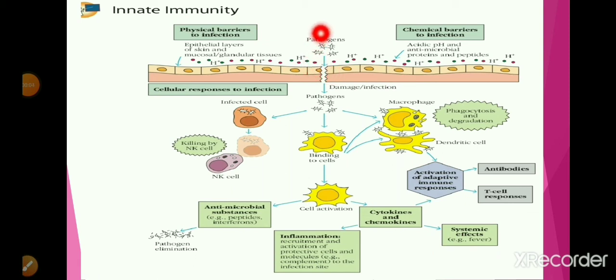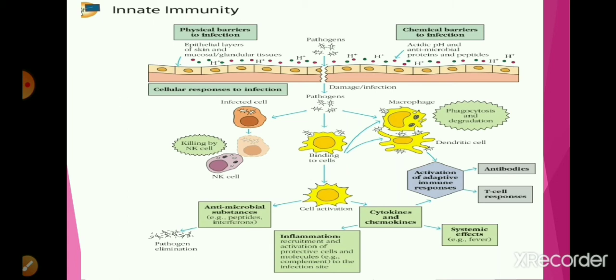Once the pathogen enters the body, such as through a break in the epithelial layer, it is confronted by an array of cells with cell surface and intracellular receptors. They recognize the pathogen components and trigger a variety of cellular responses.